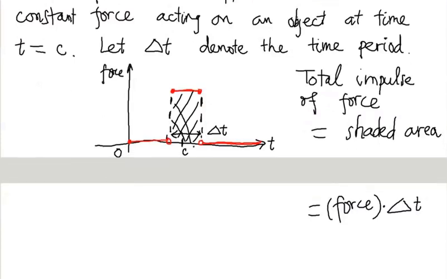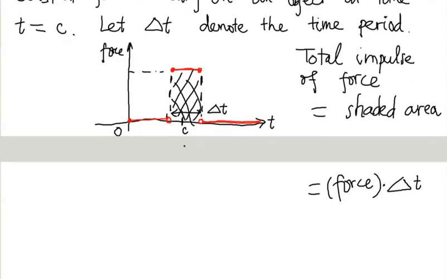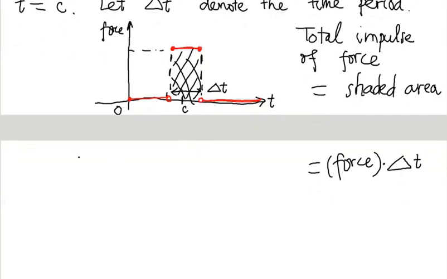Here we have a rectangle, and this is the magnitude of the force. Now let us assume that the total impulse is 1.